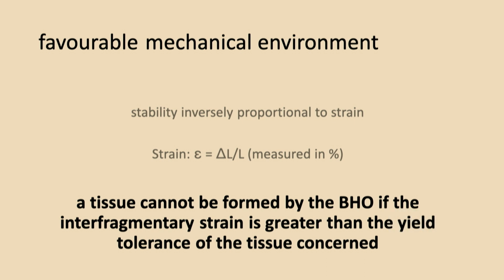But ultimately, if we remember that the tissue in the bone healing organ is defined in terms of its genesis by the amount of strain that occurs locally, then we can use that knowledge in our clinical practice to influence our fixation constructs and in the management of non-union. The amount of movement that occurs exceeding a yield tolerance of a tissue, so that's where the cells would rupture if they are moved too much, essentially is in that stratification of layers between tissue types.